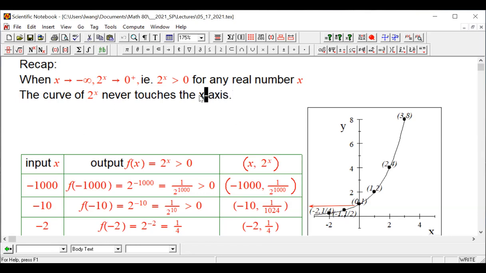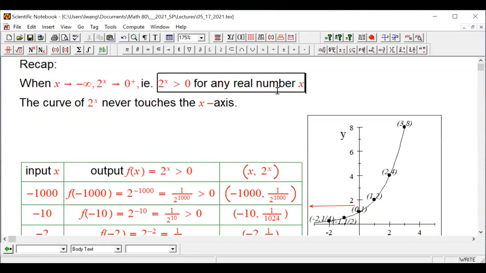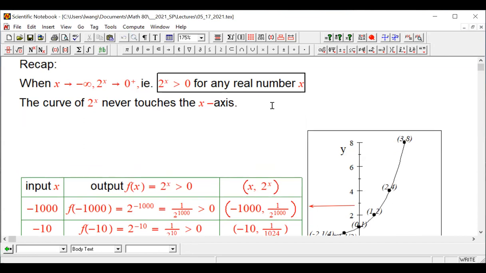That's what it means, because this sentence is absolutely critical. This sentence also expresses the domain and range, so this is another way to express the domain and range.